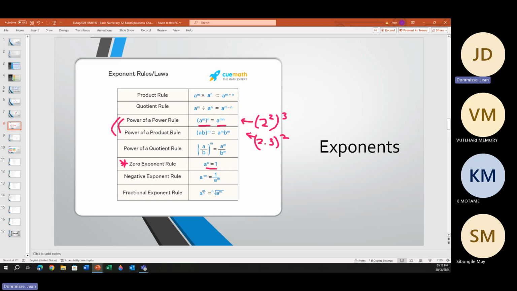And we will go through a whole lot of examples of that, where we're gonna use the exponent rules, and whichever one is needed, we will definitely look at that.